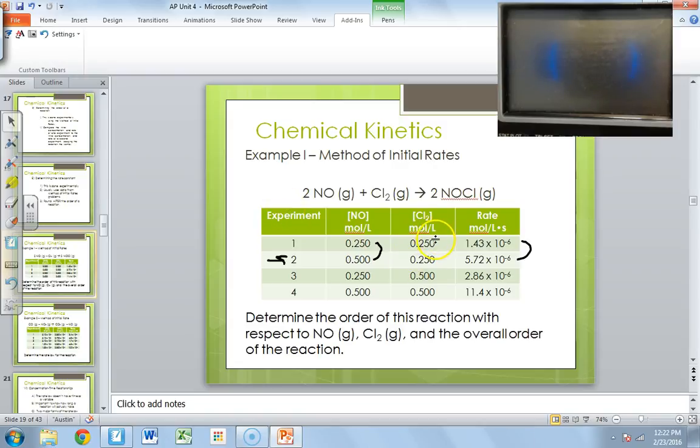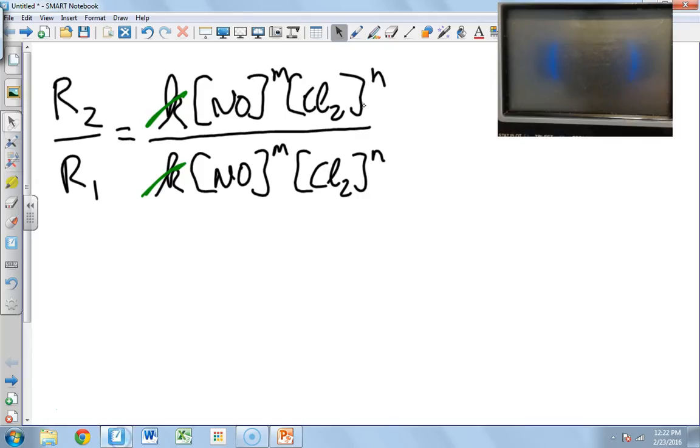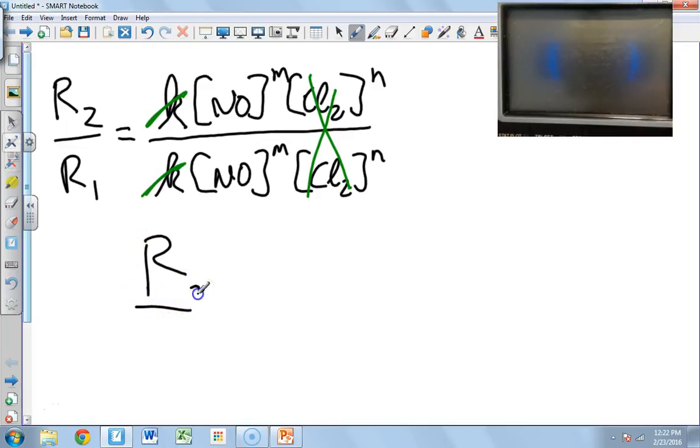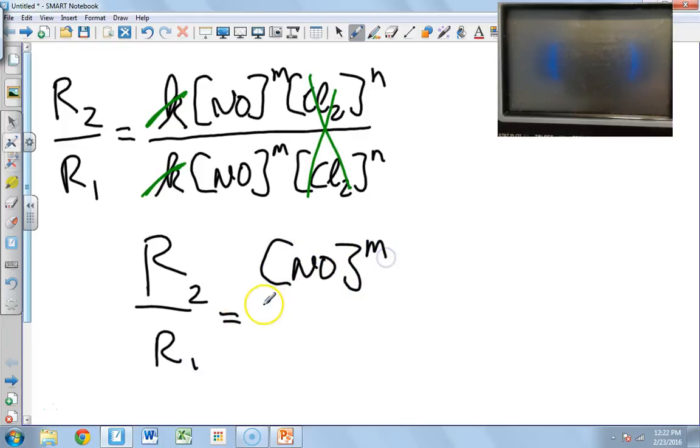Also, comparing experiment 1 to experiment 2, the concentration of Cl2 is the same, so that also will cross off. So now we get a simplified version of the rate law, where R2 over R1 equals the concentration of NO to the m over the concentration of NO to the m.